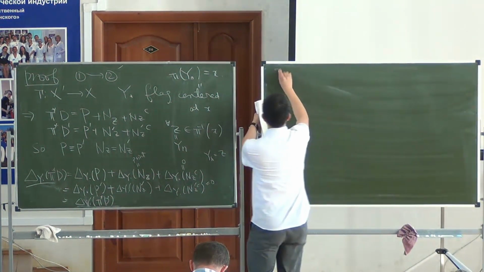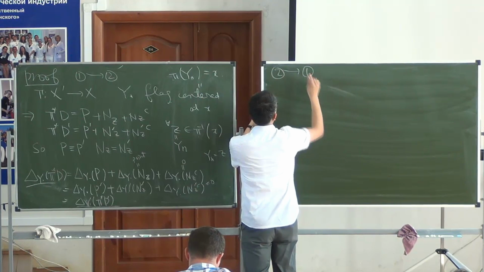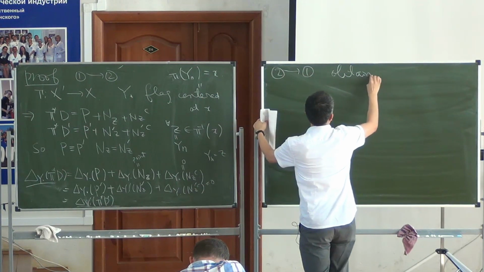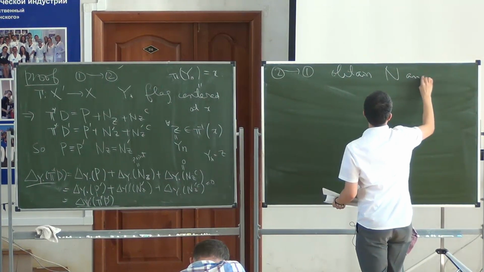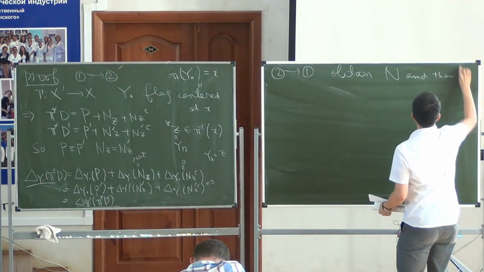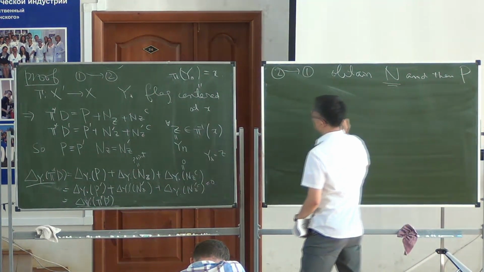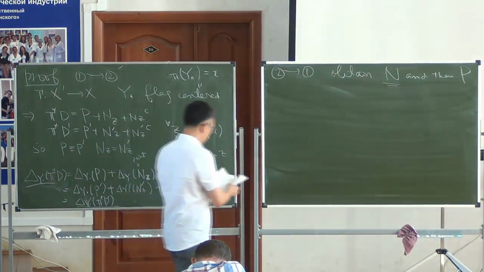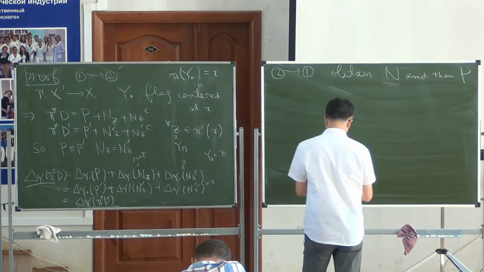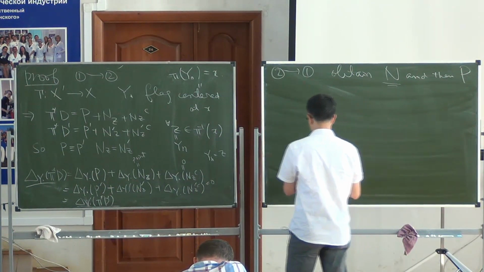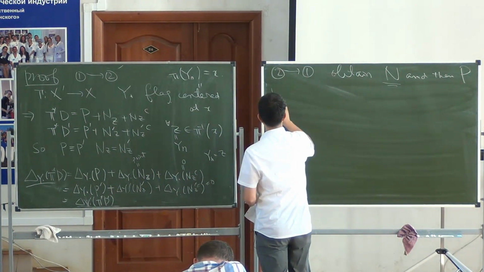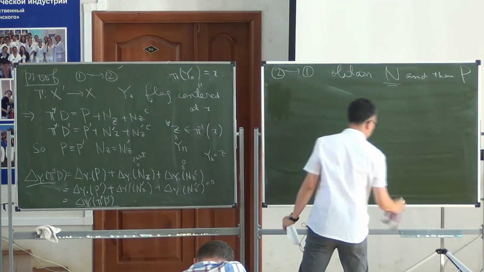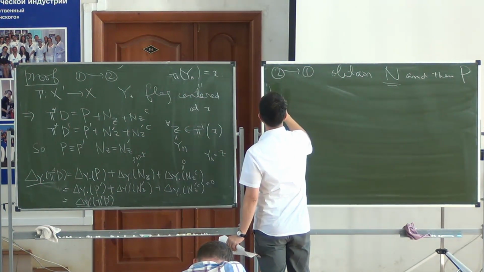So from 2 to 1 is also not typical. So obtain N and then P. So you find N first from this information. So let's say, the idea is this.